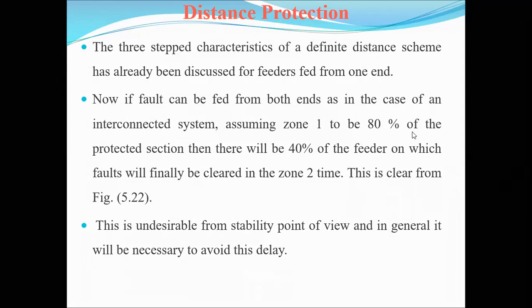Assuming Zone 1 to be 80% of the protection scheme, there will be 40% of the feeder on which the faults will finally be cleared in the Zone 2 time. In the case of Zone 1 protection, it gives 80% protection for that feeder line, and the remaining 40% backup protection will be given by Zone 2.